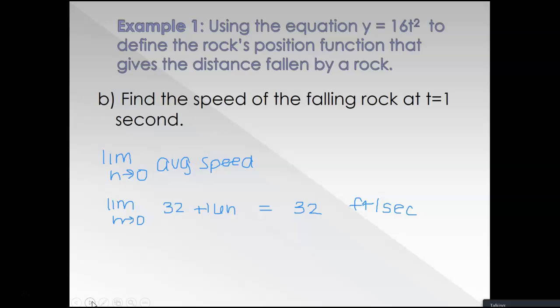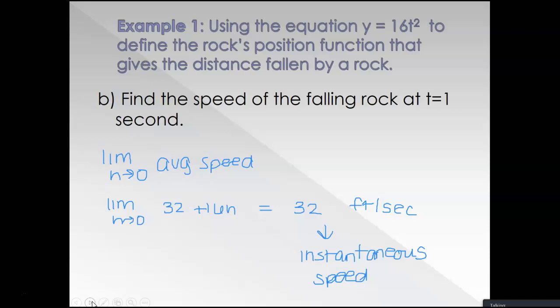So 32 feet per second represents the speed of the rock at 1 second. That is the instantaneous speed, meaning that is the speed at that exact instant.